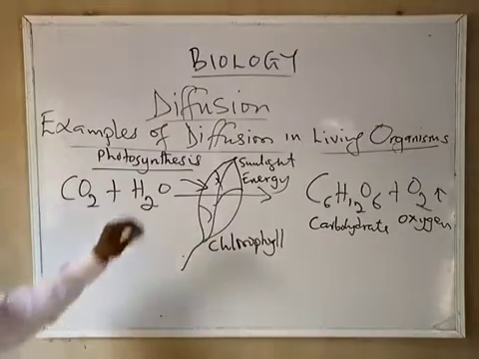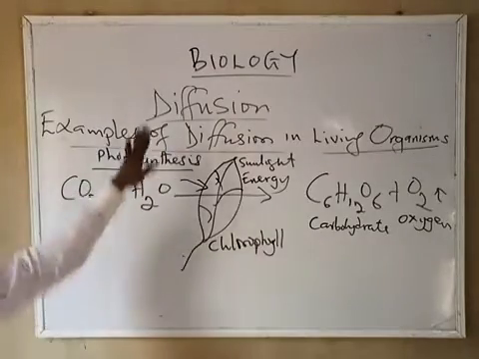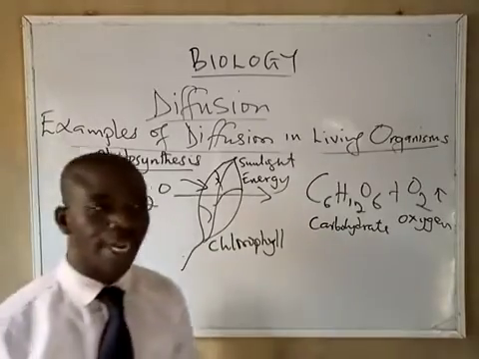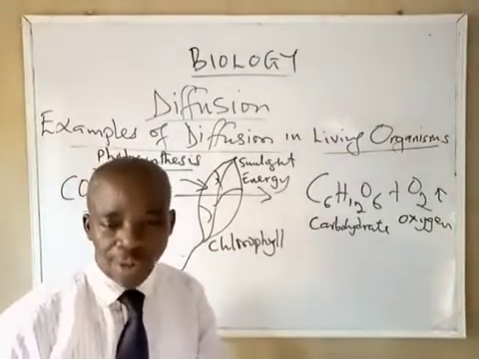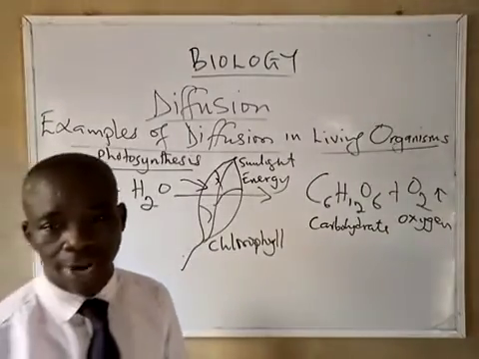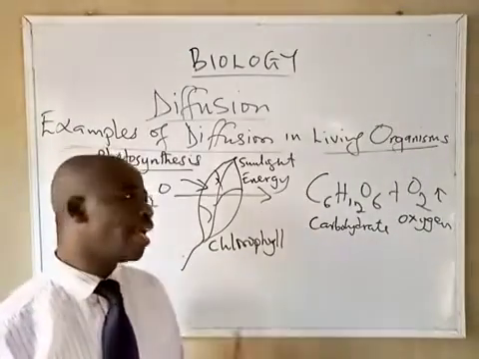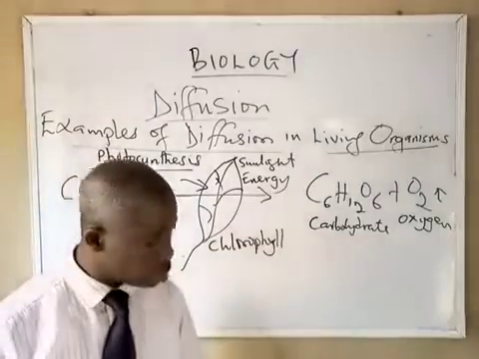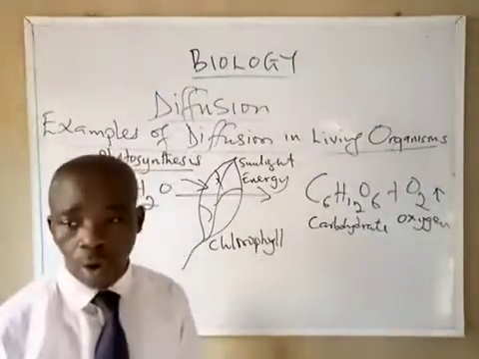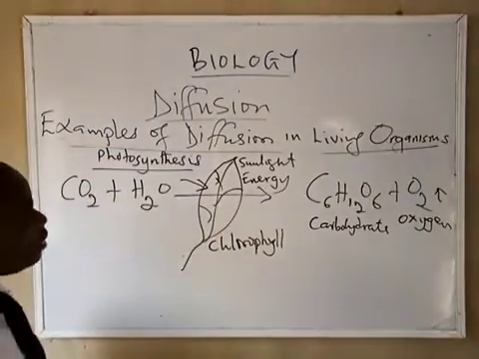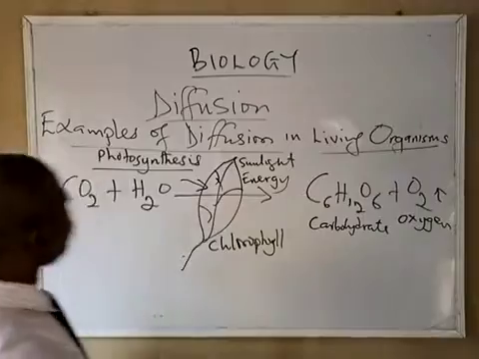Having said this, I want to believe that you have learned something about diffusion in this class. In the next class, we are going to be looking at another biophysical process that helps living things to carry out their normal life and in whatever areas that they are important.